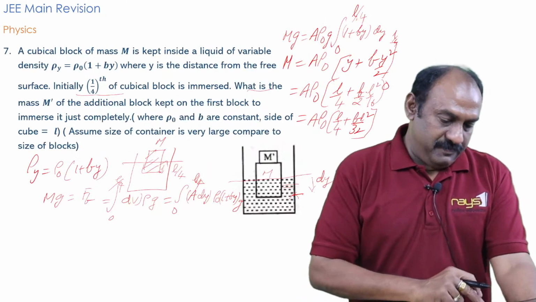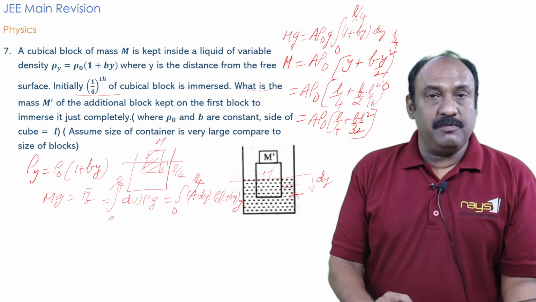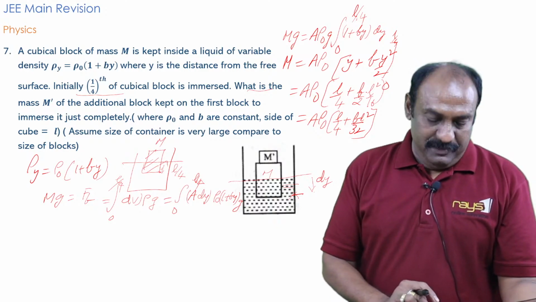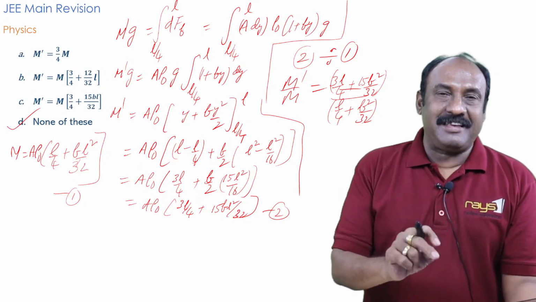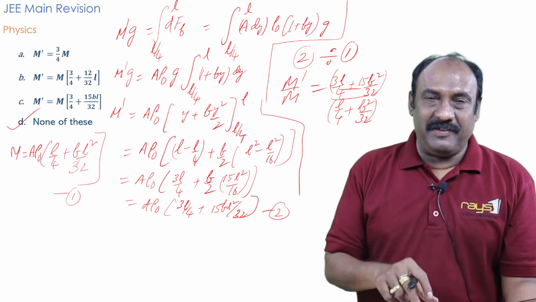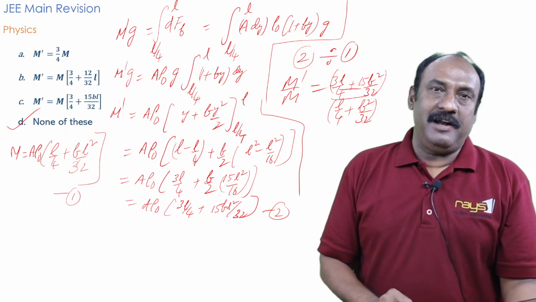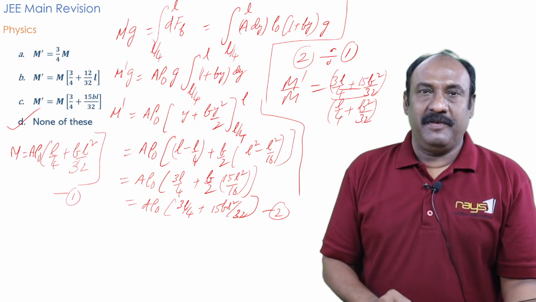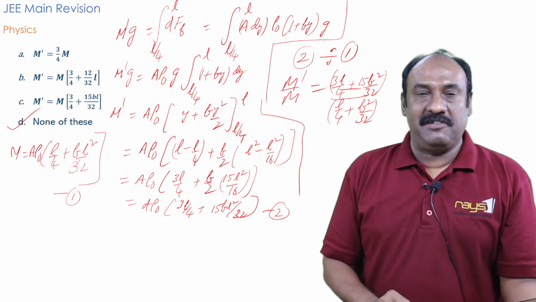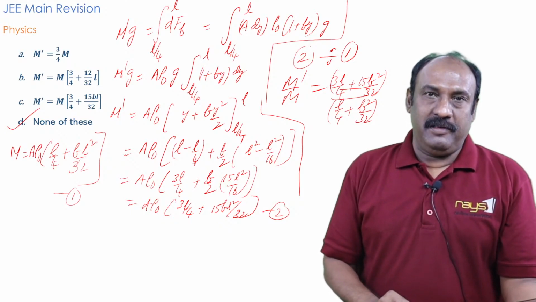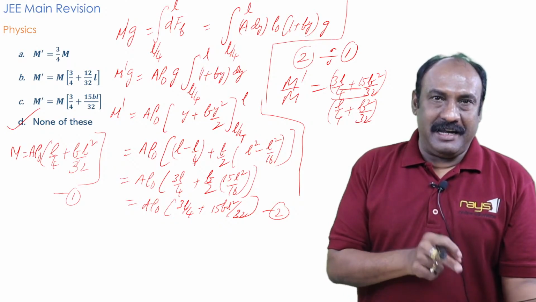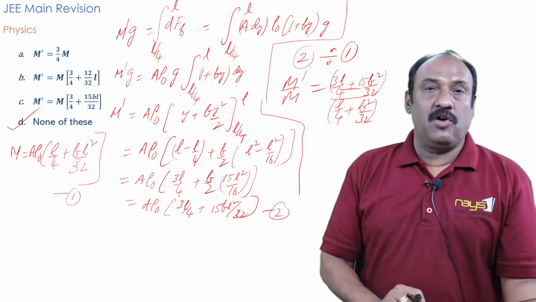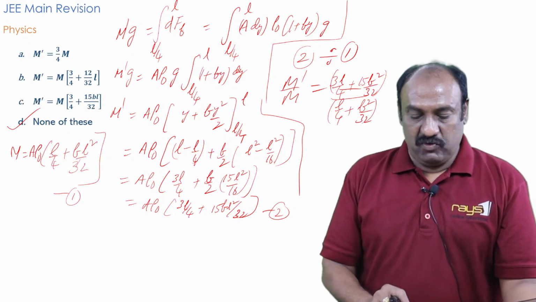What I did here: first I calculated the mass of this block by considering the buoyant force within the limits 0 to L by 4. Afterwards, if an additional block is kept on the first one in order to sink the first block completely, I again considered the same equation for buoyant force, but the limits of integration changed from 0 to L by 4 to L by 4 to L. Within these limits I calculated once again the mass of the additional block, which is a rho naught into (3L by 4 plus 15 b L square by 32).